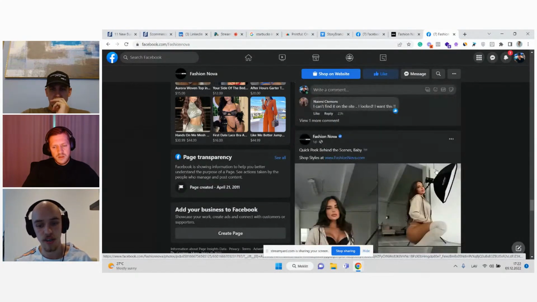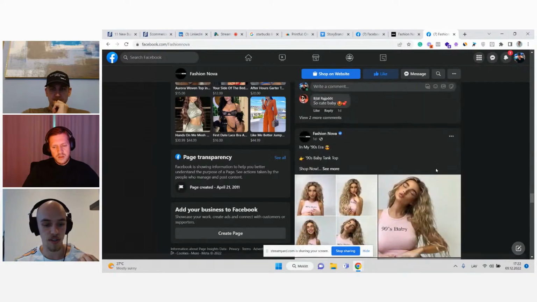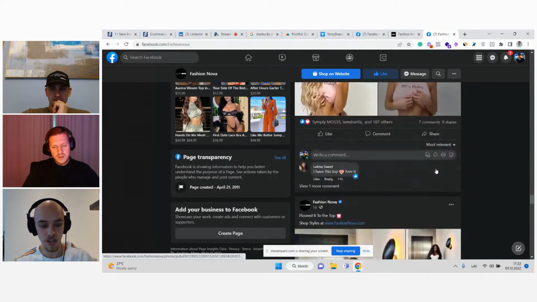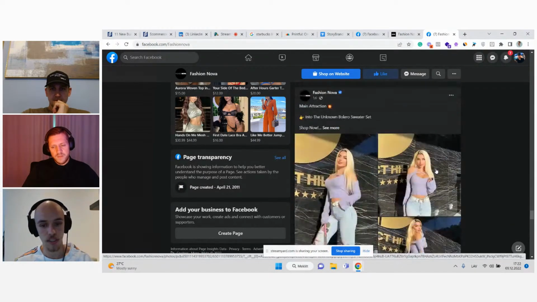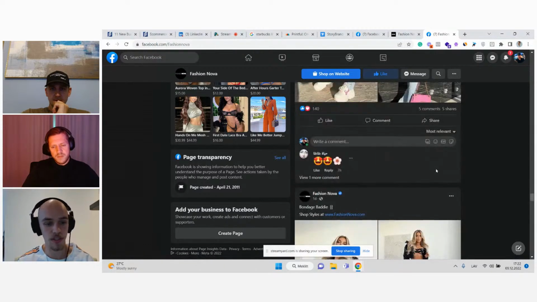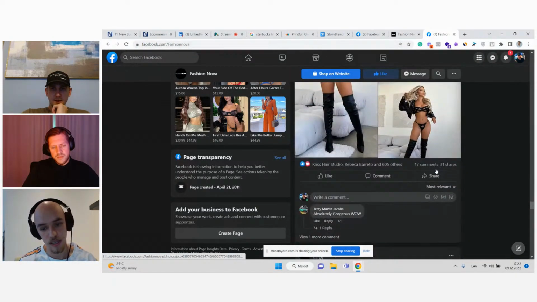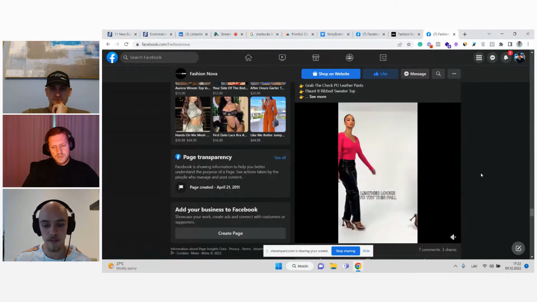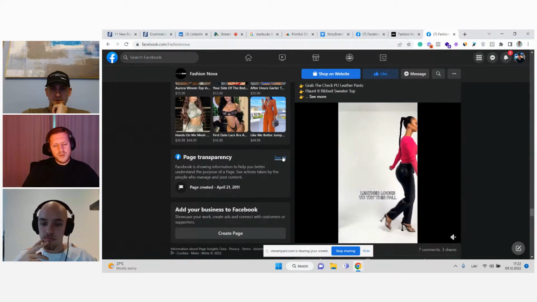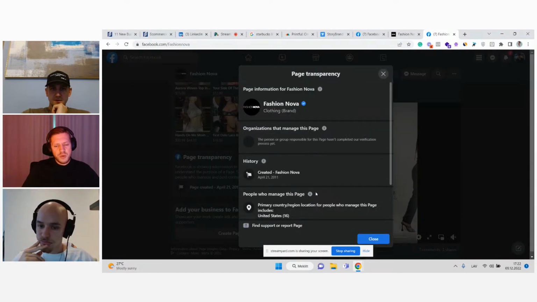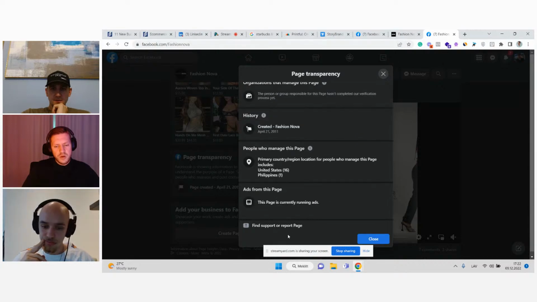They're choosing their models based on how their target audience wants to look, in terms of hair, body, everything. And that's how they sell. I'm just curious how many people are managing this. Okay, not that many. Only 16 people are managing the page.